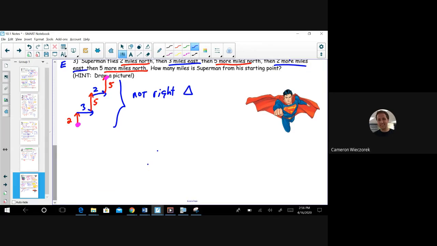Okay. So I'm going to start with the red ones. What's his total north distance? If you add up all of the red ones, 2 plus 5 plus 5, 2 miles, 5 miles, 5 miles, he went 12 miles total upwards, north. And what's his total eastward motion?